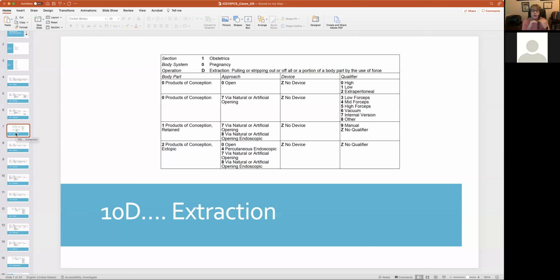And then the fourth row on this extraction table reports products of conception ectopic. Now, some of you may have heard that term before, an ectopic pregnancy. What it means is that, you remember, okay, Mr. Sperm and Miss Egg get together and the nightclub is in the fallopian tube, okay?